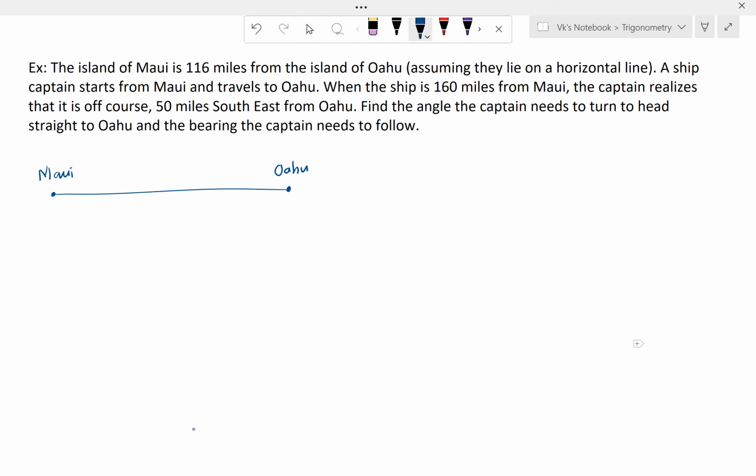And if you've been to Hawaii, I highly recommend going to both of them. The distance between them is 116 miles. Here comes the ship captain. Oh man, 160 miles, and it's nowhere. So the ship is heading in this direction right here.